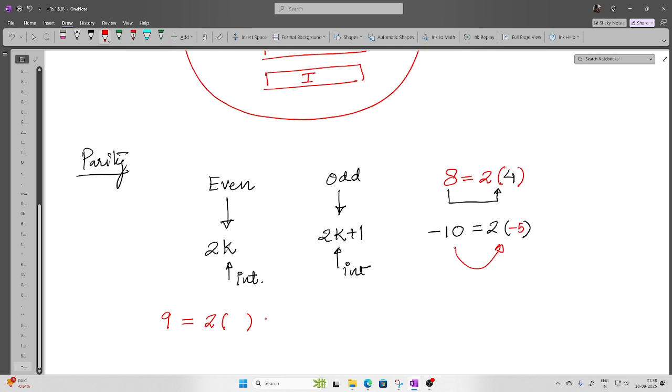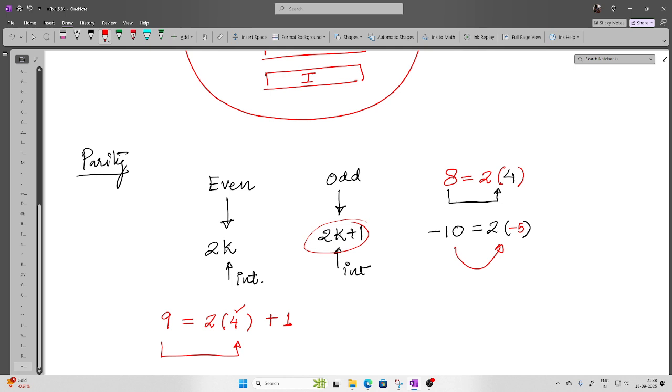So, is there any integer which I multiply by 2 and then add 1 so it becomes 9? Yes, I can do it. If I multiply 4 by 2, it becomes 8, and when added to 1 it becomes 9. So 4 is an integer, therefore it follows the 2k plus 1 rule, and hence 9 is an odd number. So in this way you can check even and odd.